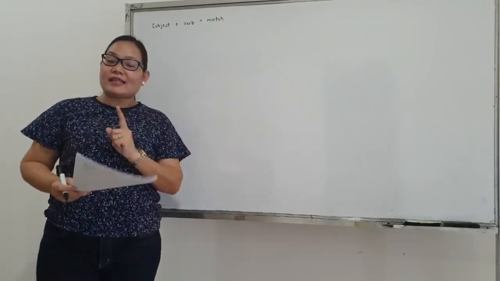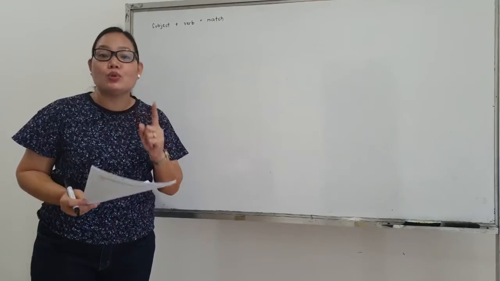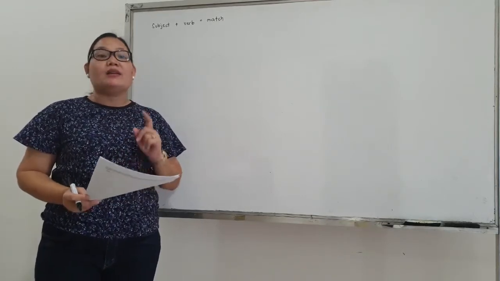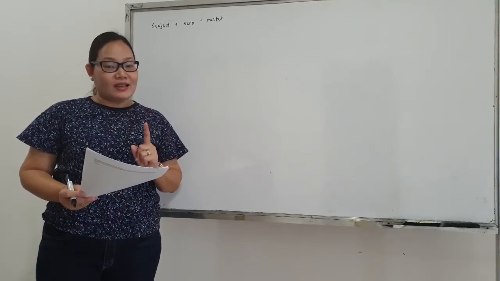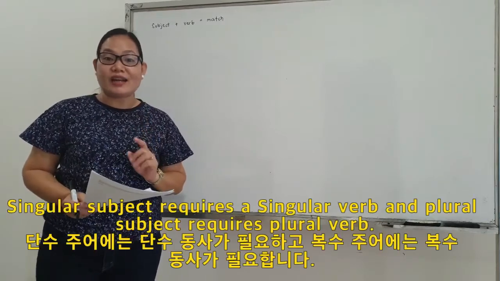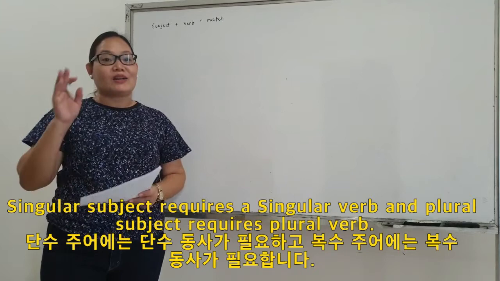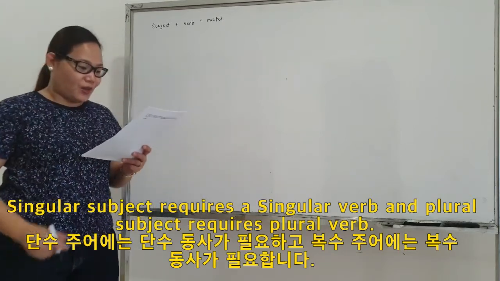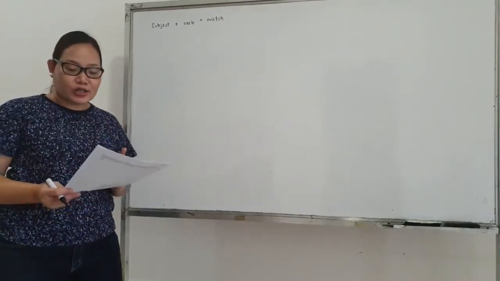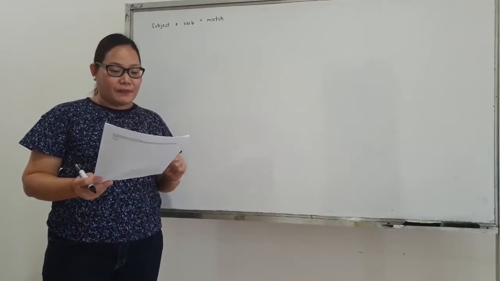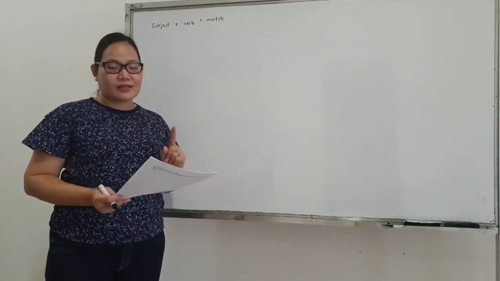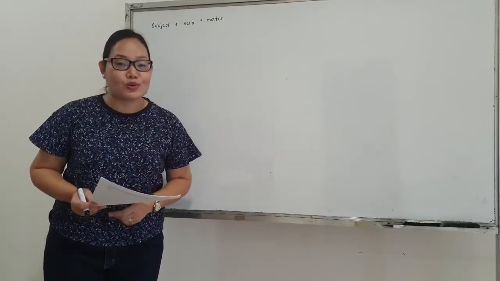Okay, so this again boils down to the very basic grammar rule, which is singular subject requires a singular verb and plural subject requires a plural verb. Okay, so for you to completely understand this topic, I have prepared some easy tips for you to follow.